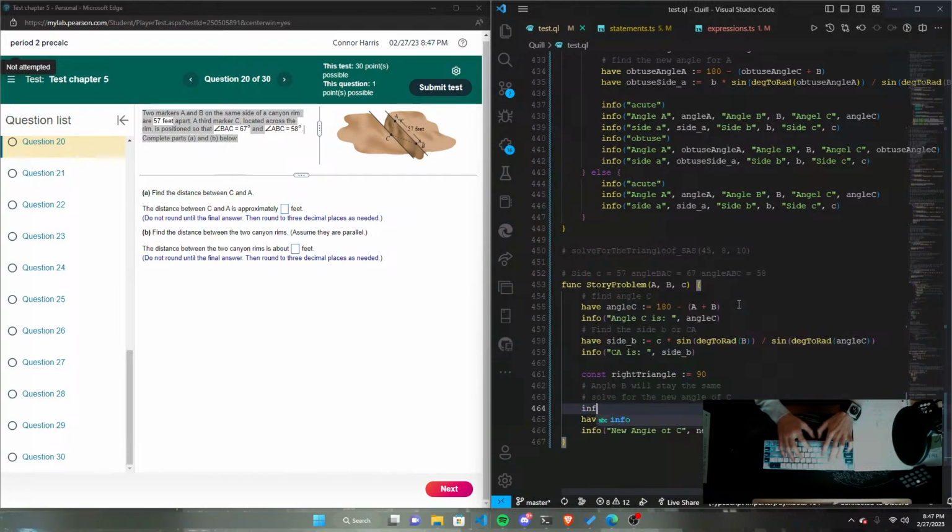We're just going to have another info saying now we need to find the distance between the canyons.